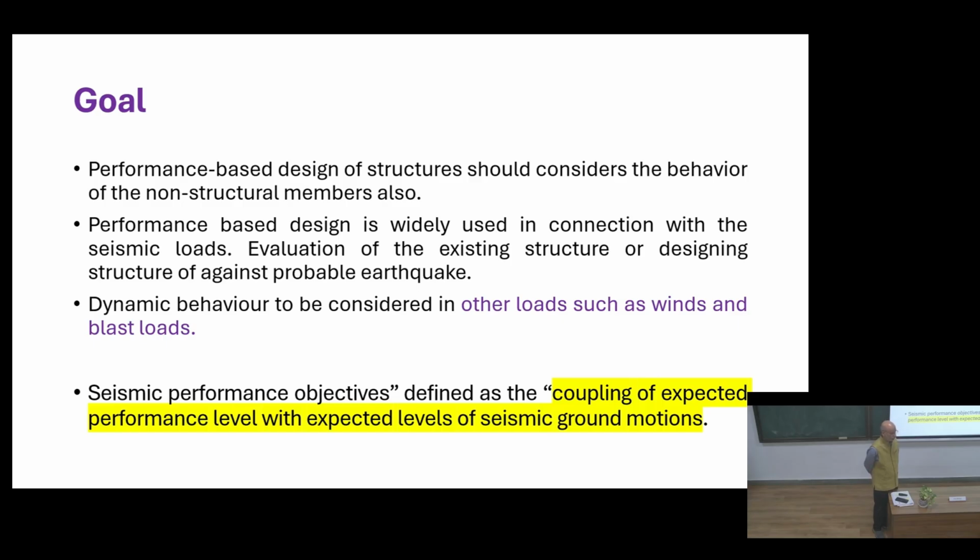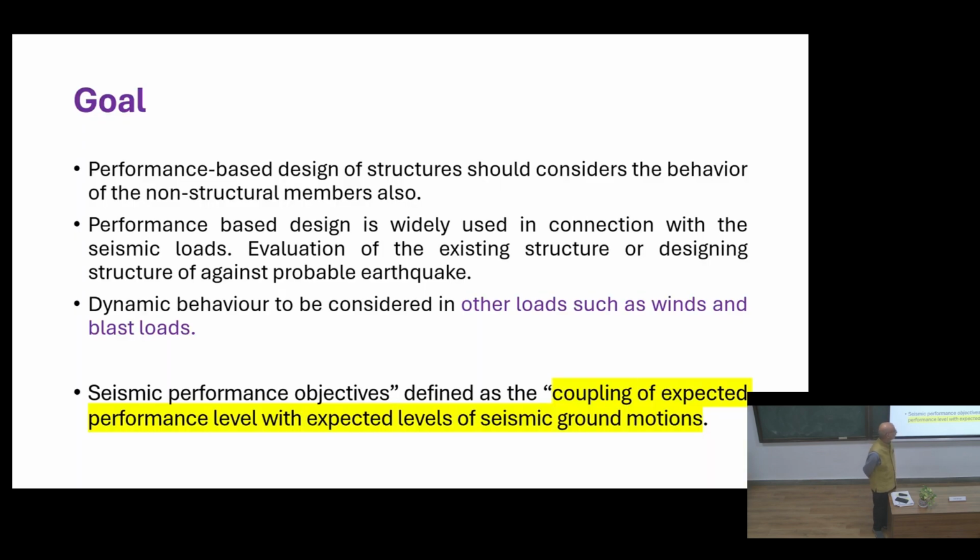So dynamics need to be understood, and dynamics becomes important in other cases as well. One is wind, and the other is blast load. So in addition to seismic, the other two loadings also become equally important: wind and blast load. When we say nuclear reactor, it is also designed for blast load.